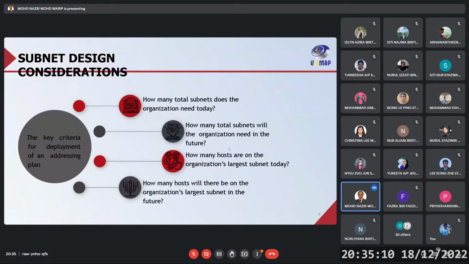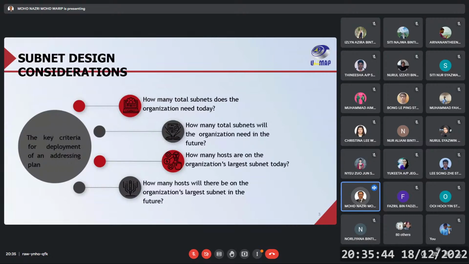Second, how many total subnets will the organization need in the future? Also, as a network engineer or system engineer, you need to think about how much expansion your company will have. For example, if you're talking about a campus network, an enterprise, in one organization, maybe you work at a hospital.